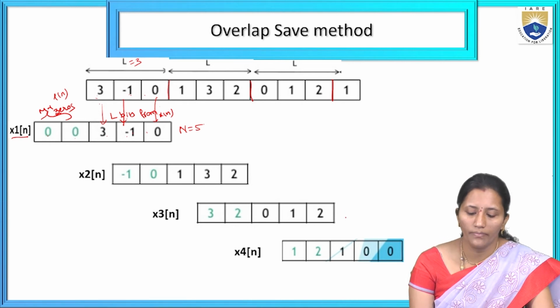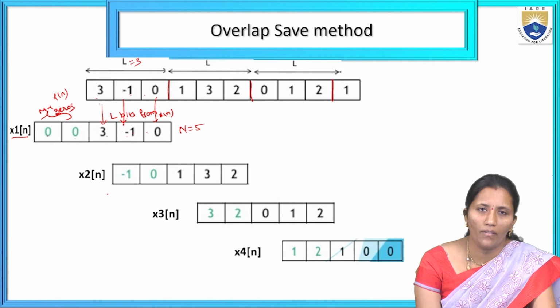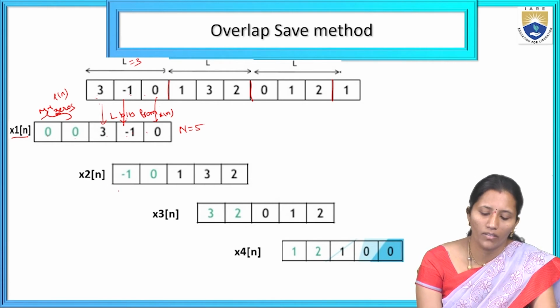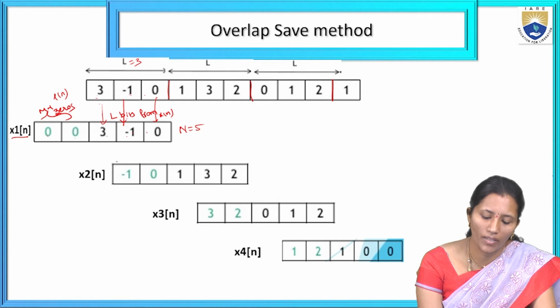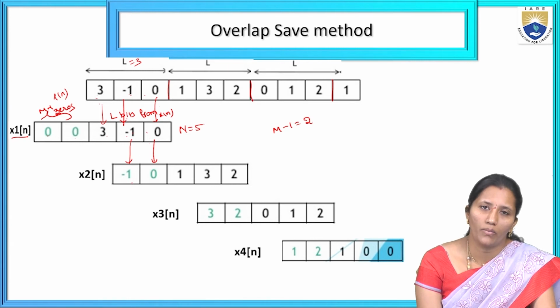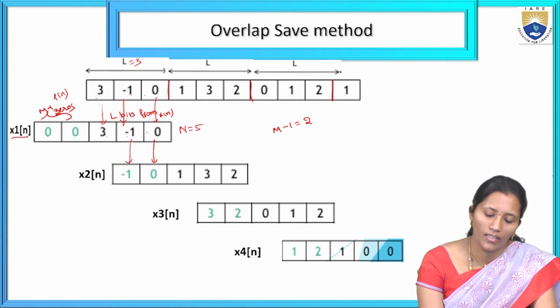In x2 of n, also, it should contain 5 samples, the segmented block N value. So here the first M minus 1 bits will be the last M minus 1 bits of x1 of n. M minus 1 is equal to 2. So the last 2 bits of x1 of n will be the first 2 bits of x2 of n. Here the last 2 bits are -1, 0.